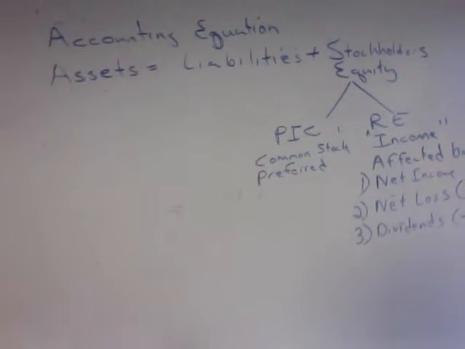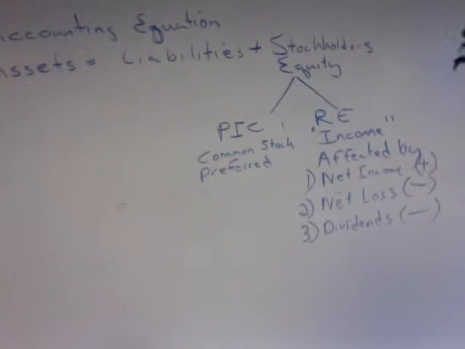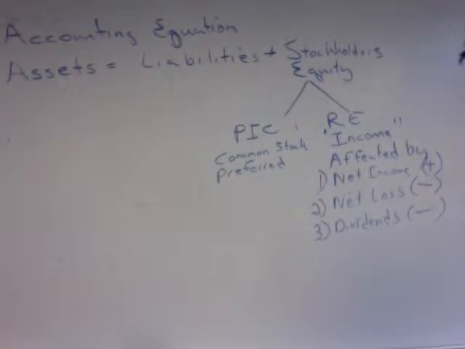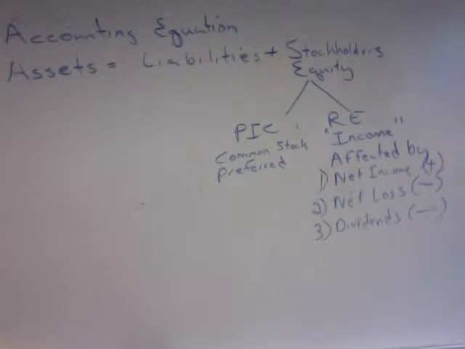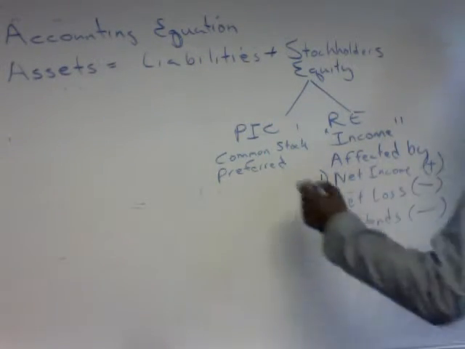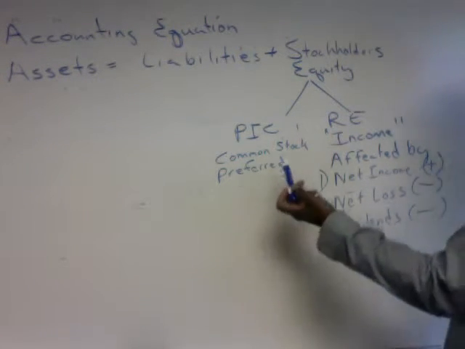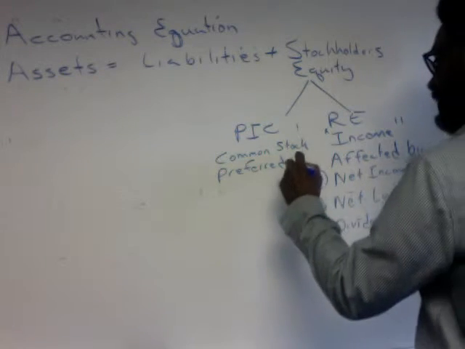And so this summarizes our accounting equation. If you take a look at the entire accounting equation, you see that your assets equals your liabilities plus your stockholders' equity. Stockholders' equity is broken down in two parts: paid in capital, retained earnings. We've already discussed all this. Paid in capital consists of two accounts: common stock, preferred stock.